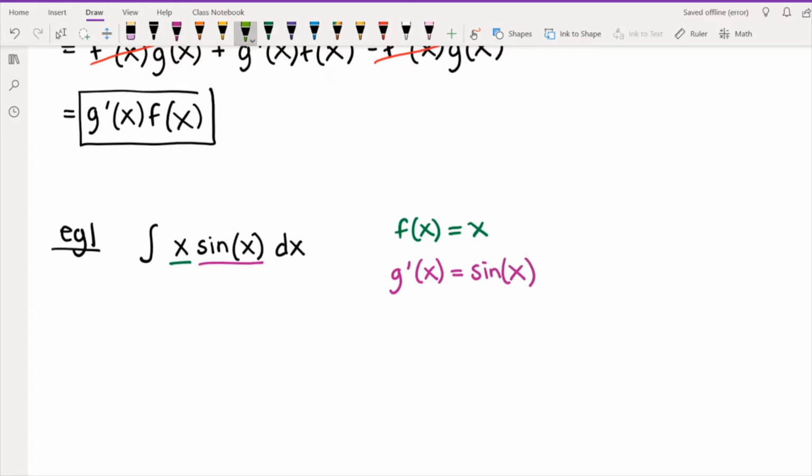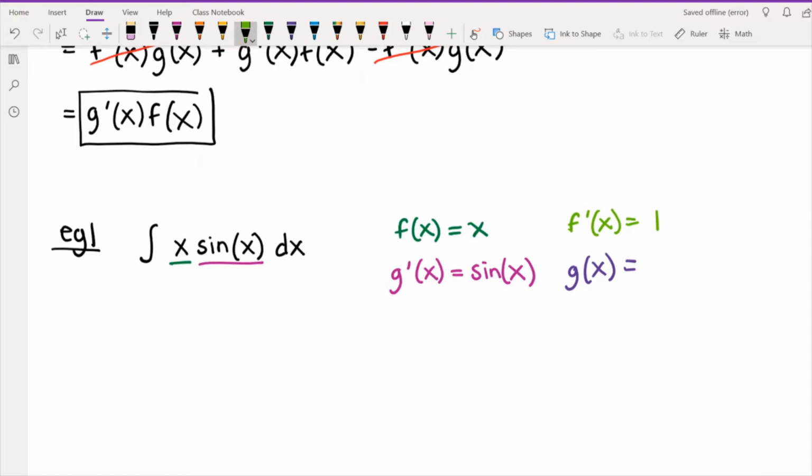So the next step is, if you look at what the formula involves, we also need to have an f prime of x, and we also need to have a g of x, right? So what is f prime of x? Well, if f of x is just x, then f prime of x is 1. And if g prime of x is sine of x, then to find g of x, we're just doing the antiderivative.